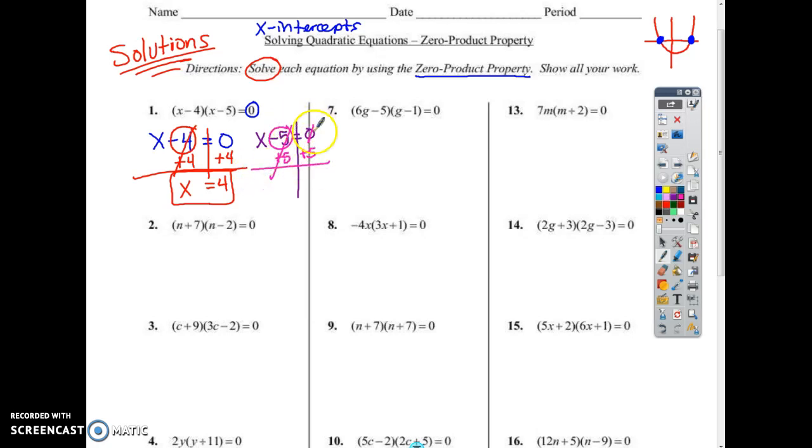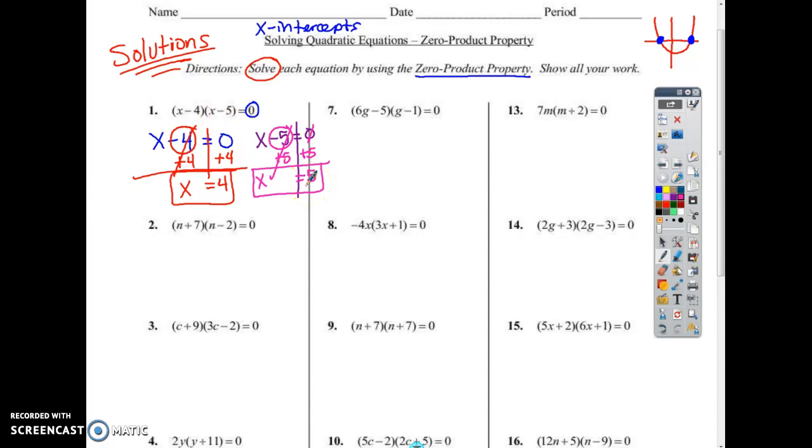This one cancels. 0 plus 5 equals 5. X equals 5. So what was the only thing that I had to do to these two to get my answers? Just change the sign, right? This one goes from a negative 4 to a positive 4, and this one goes from a negative 5 to a positive 5. That is it.